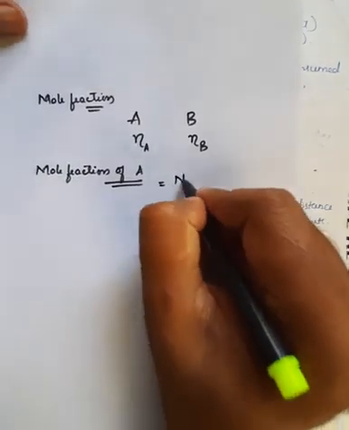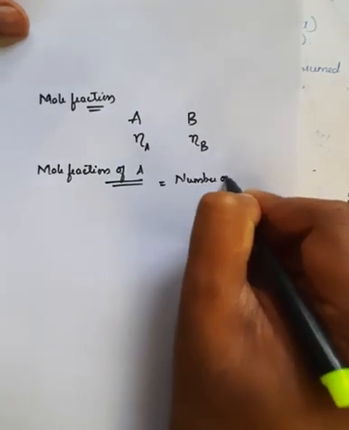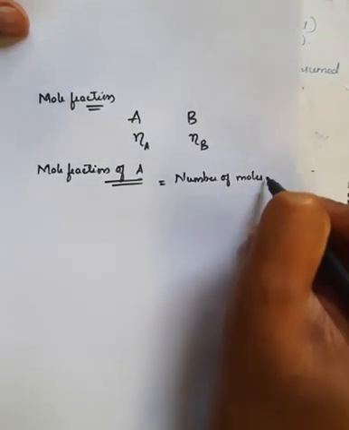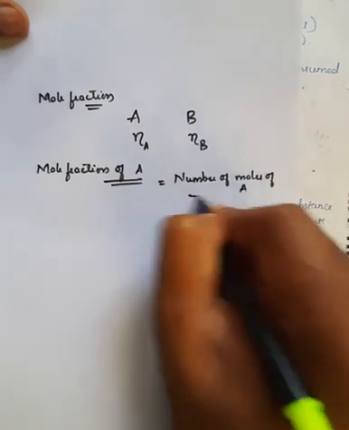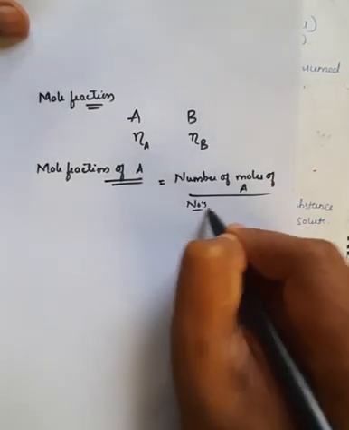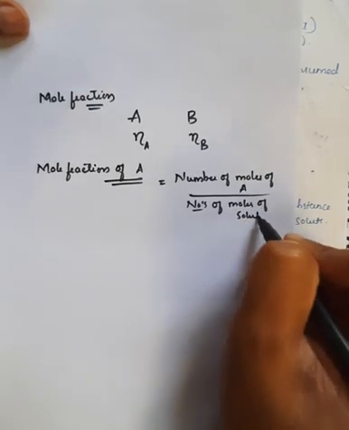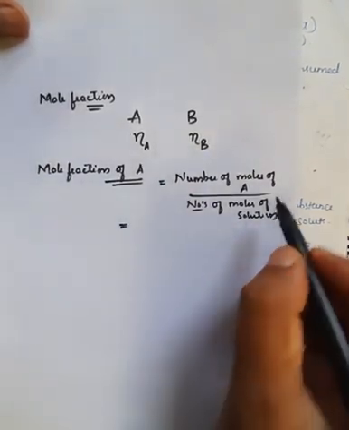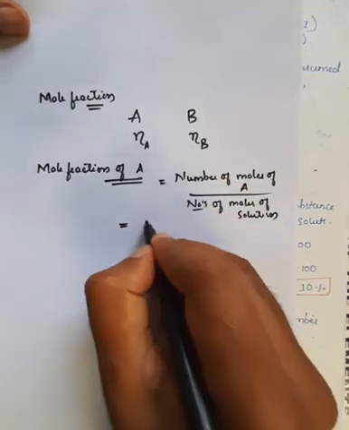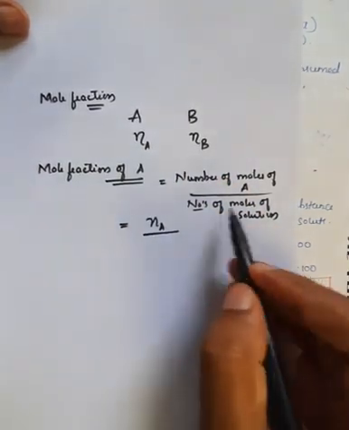The same formula I will write here: number of moles of A divided by number of moles of solution. That is equal to Na divided by number of moles of solution.